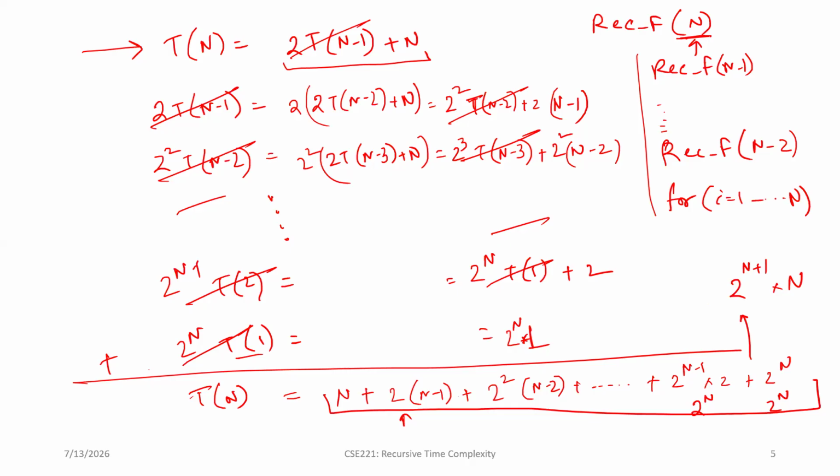Let's do one more. I will put some examples for you here. Let's say, what if T of n is T of n minus 1 plus n? There's no quotient here, just a single recursive call, and then a linear term.